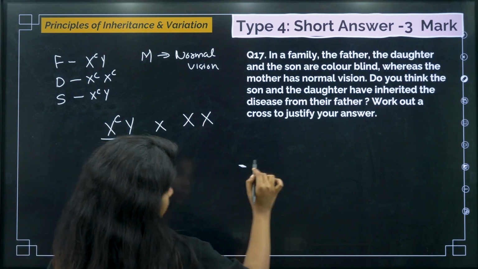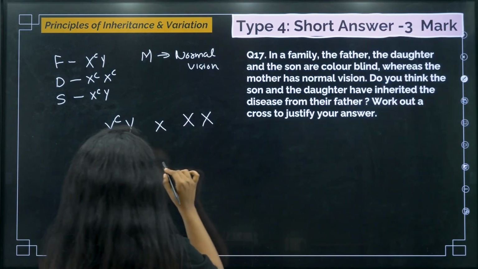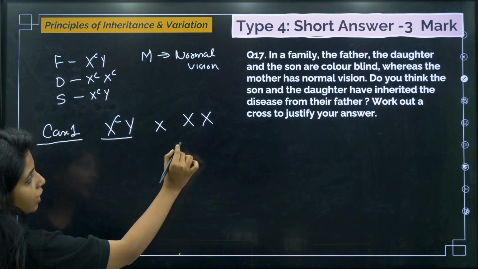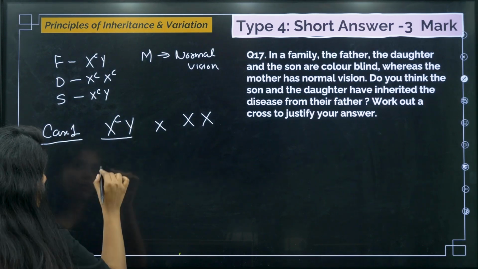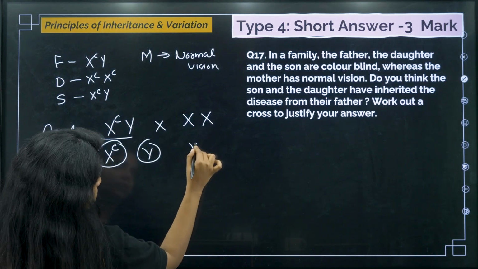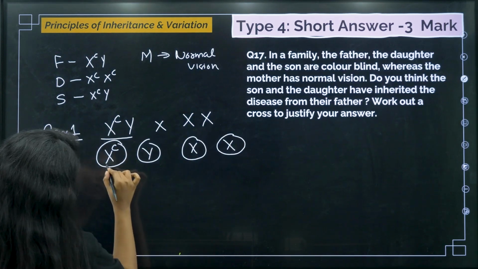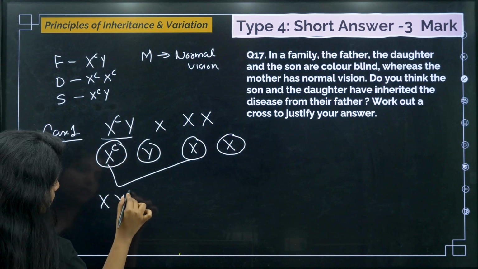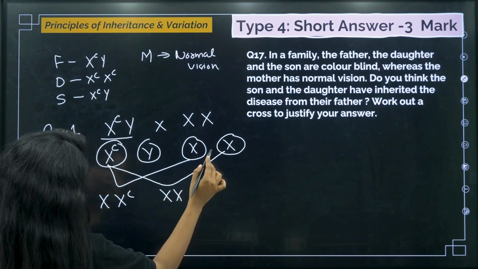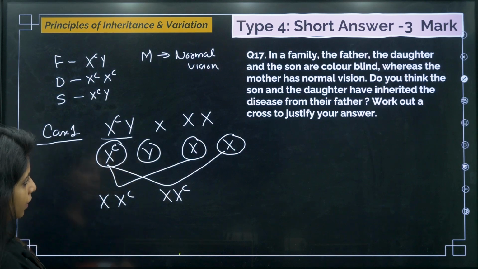You have to show them. You have to draw this condition. This is condition number 1, case number 1. If the female was actually having normal vision, in that case, X is in the gamete, Y is in the gamete, X is in the gamete, another X is in the gamete. When they fuse, I get XXC. When they fuse, I get XX and C, right?